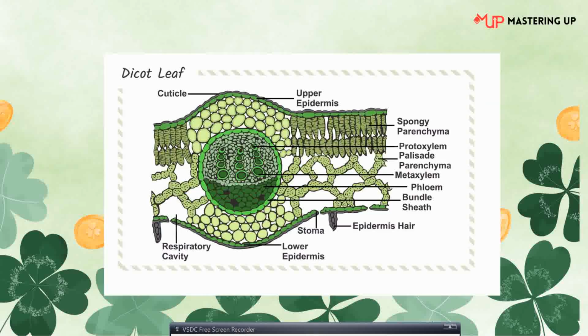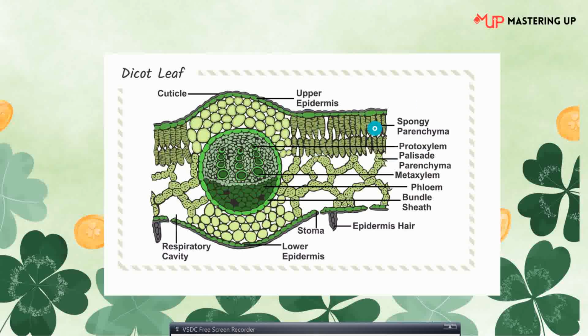Now coming to the dicot leaf, in the same way, we have a cuticle layer, and we have the upper epidermis, which is called the adaxial epidermis. Okay, the bundle sheath cells are made up of parenchyma. Just remember that the bundle sheath cells are made up of parenchyma.